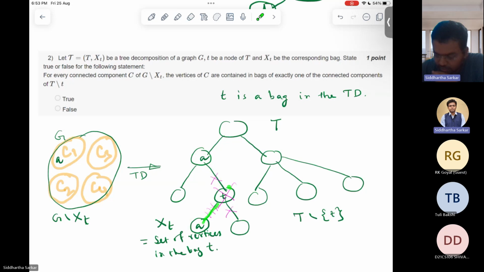And because it goes via this node T, it must also contain A by the definition of tree decomposition: if there is A here, there is A here, there is A here.